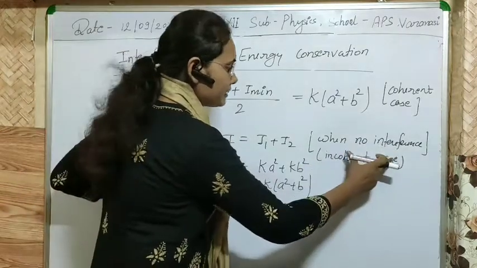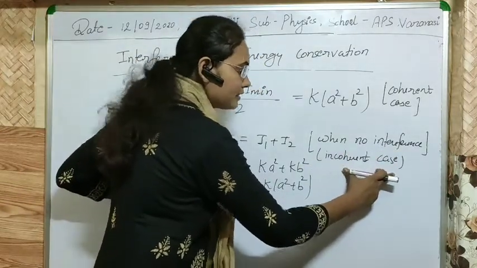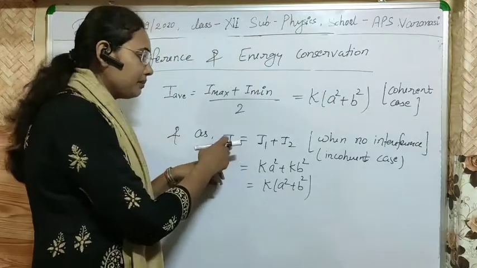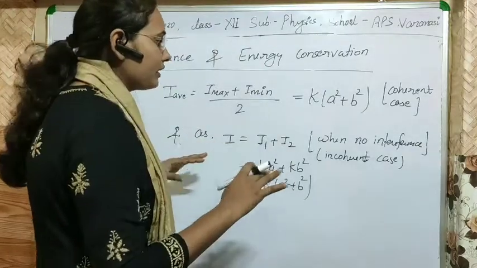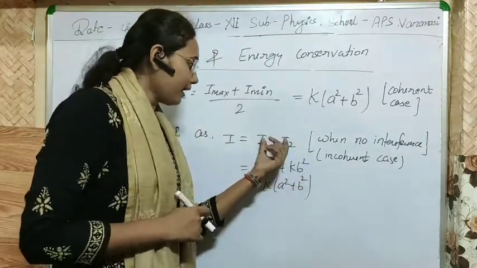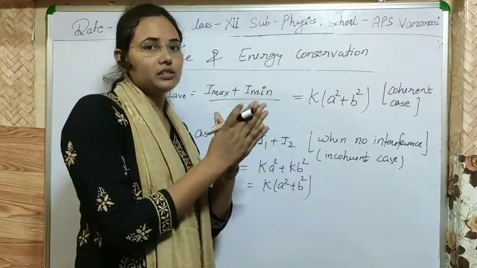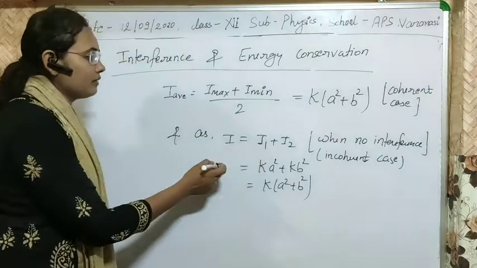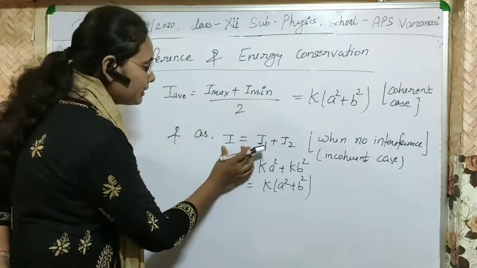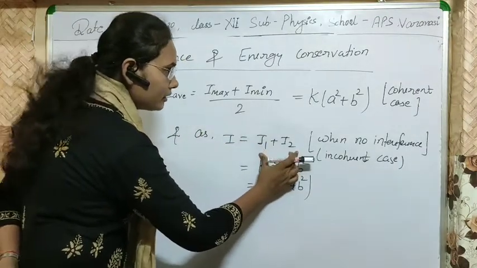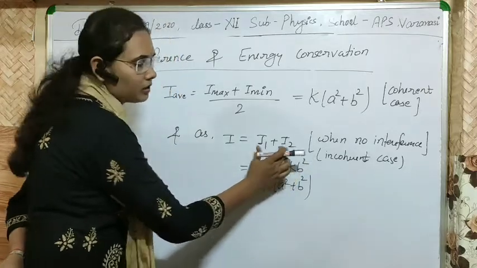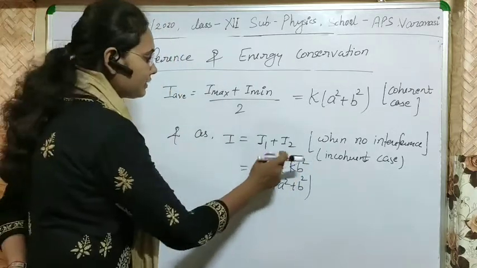When there is no interference, meaning the incoherent case, in an incoherent source there is no interference, so the intensity of the resultant wave after superposition will be simply the sum of the intensities of the individual light waves, simply I1 plus I2.